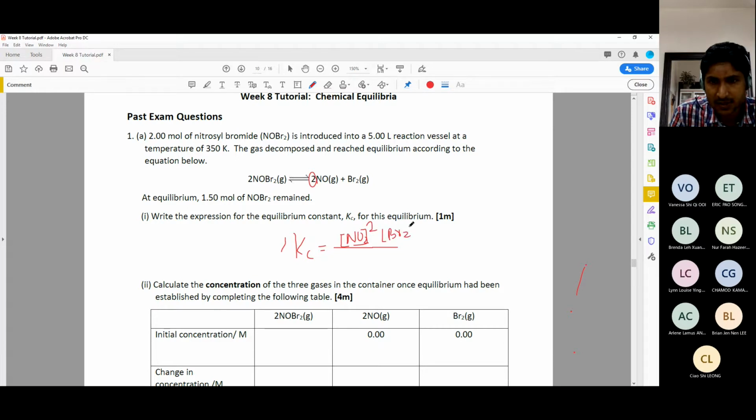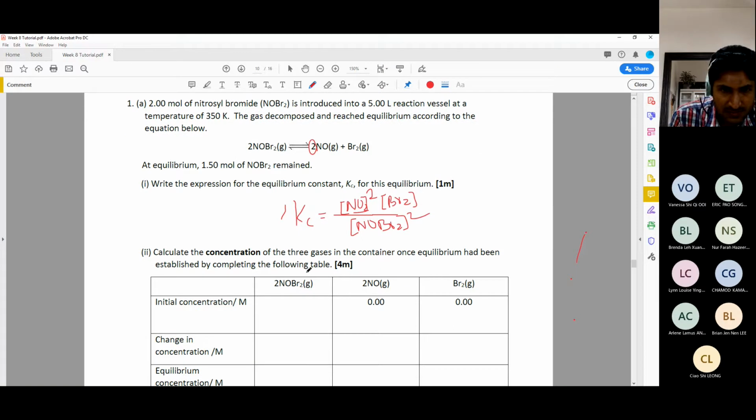Since bromine has coefficient 1, it will be there as it is. So the species on the right side are powered by their coefficients, and the same goes for nitrosyl bromide, NOBr, with 2 as the power.